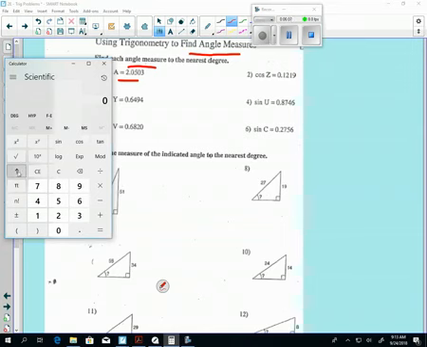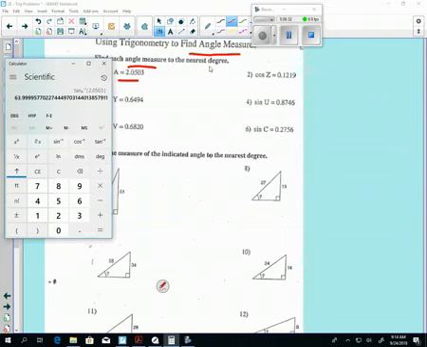Now, on your calculator, you're either going to have a button like this, or it could be a shift button or a second button, depending on the type of calculator. So, I'm not sure which one goes in first, but let's try it this way. 2.0503. I'm going to shift it up to 10, and it tells me my angle is 63.999.